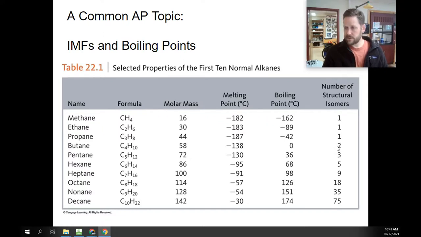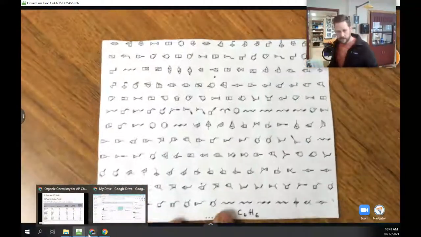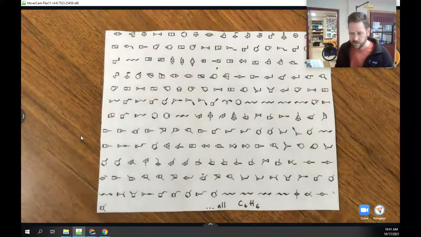You'll notice we don't start seeing isomers for alkanes until we start getting into more and more carbon atoms, but you can see if we have this empirical formula C10H22, there's actually 75 different ways we can put 10 carbons and 22 hydrogens together. And one of my favorite images here, which is, if I remember correctly, an art installation that exists somewhere in the world, is this image of all of the structural isomers of the compound with formula C6H6.